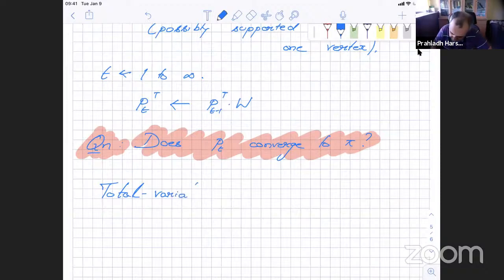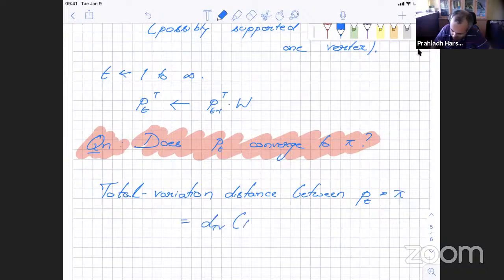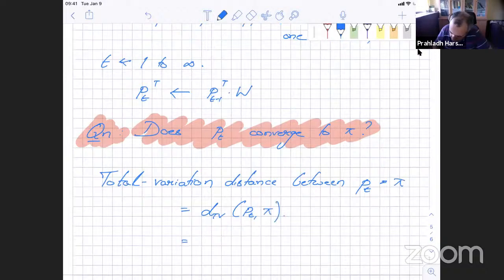Variation distance between PT and pi, usually denoted as dTV(PT, pi). Notice this is exactly half of the L1 norm between PT and pi.